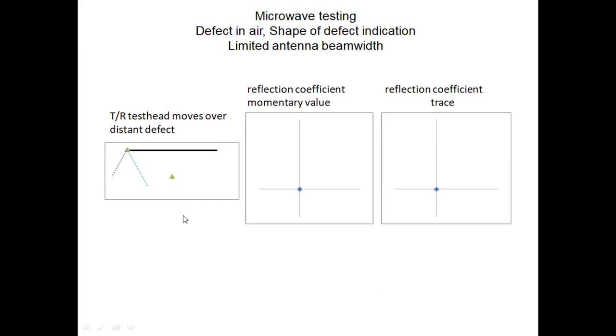Well, we move the antenna and the situation does not change until there is the defect inside the radiation beam. Then we get a signal, non-zero signal, and we continue as long as the defect is in the radiation beam.